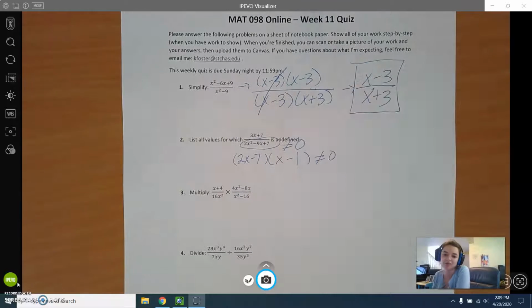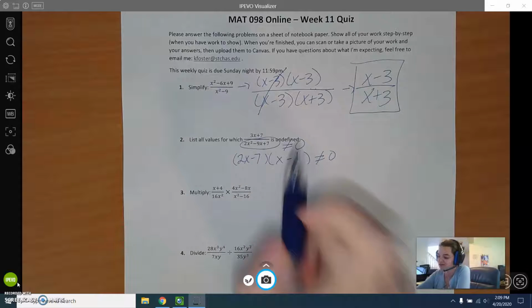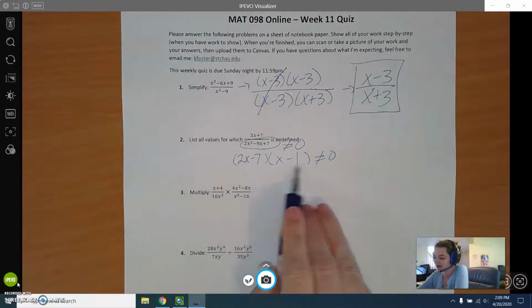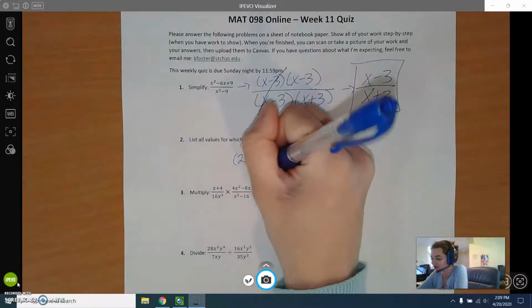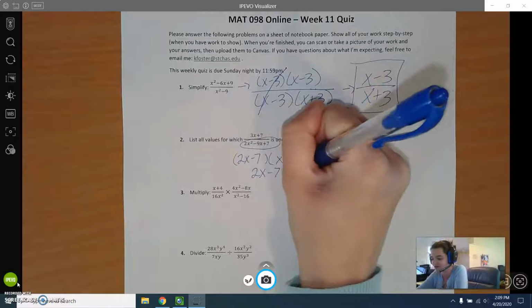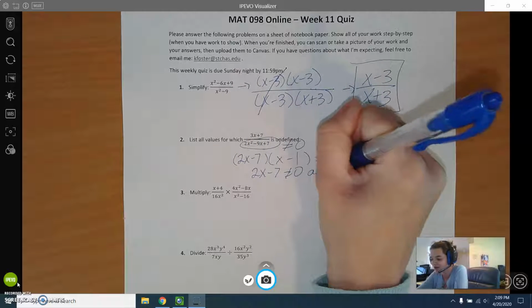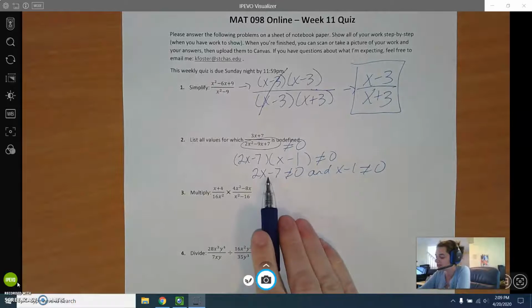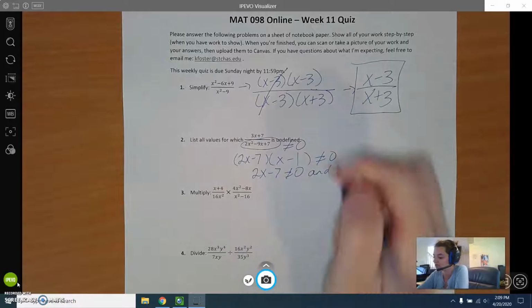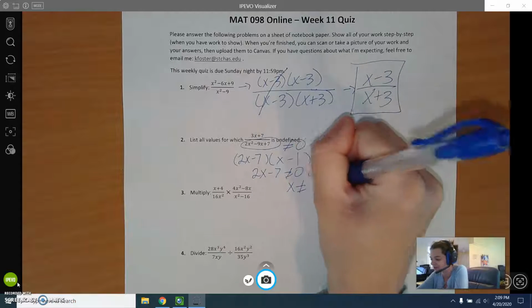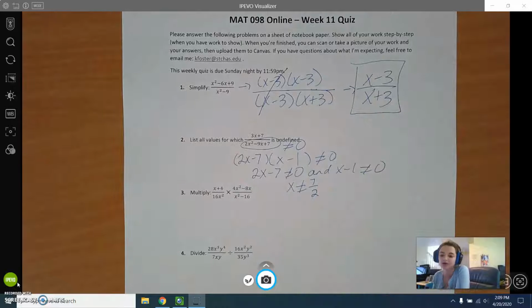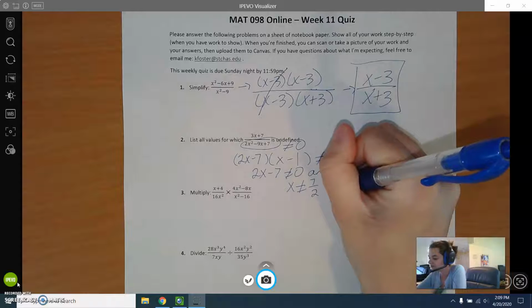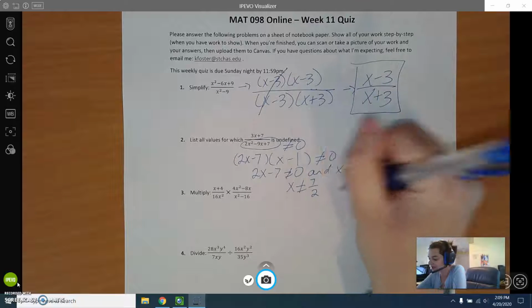And so that denominator cannot equal 0. So I'm setting each factor equal to 0 and solving. I'm going to say 2x minus 7 can't equal 0, and x minus 1 can't equal 0. In solving, I would add 7 and divide by 2, which means that x cannot equal 7 halves, or 3.5 for those of you who like decimals.